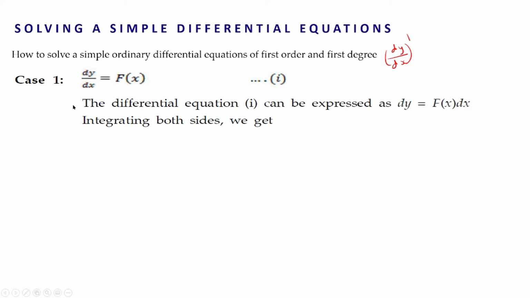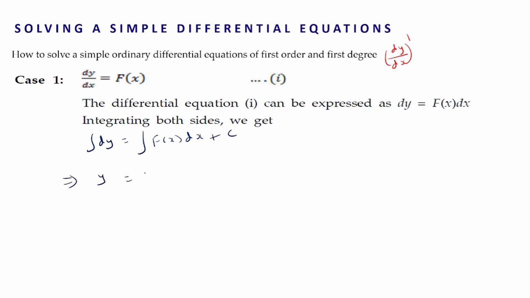If the given differential equation is of the form dy by dx is equal to f of x, that is a function of x, then it can be expressed as dy equal to f of x dx. If we integrate both sides, we get integral dy equal to integral f of x dx plus c, the constant of integration.